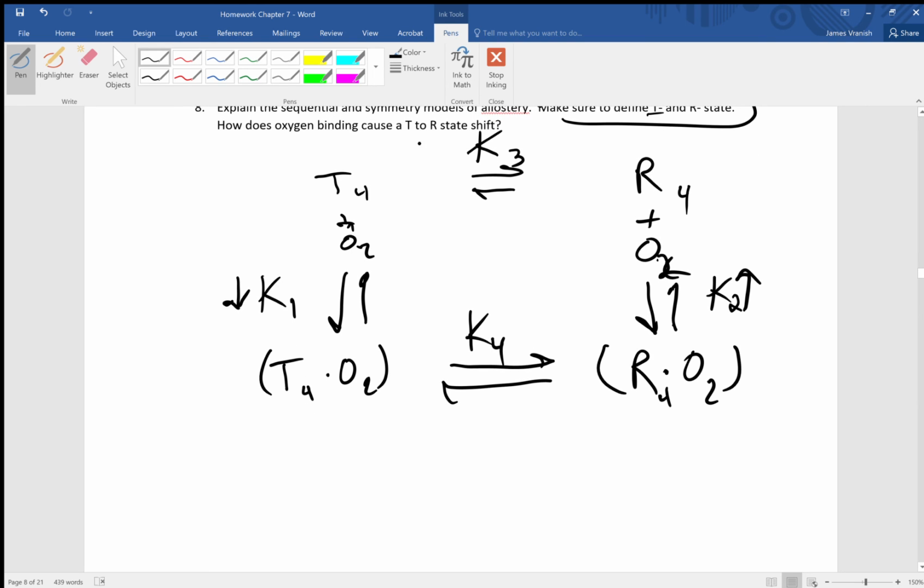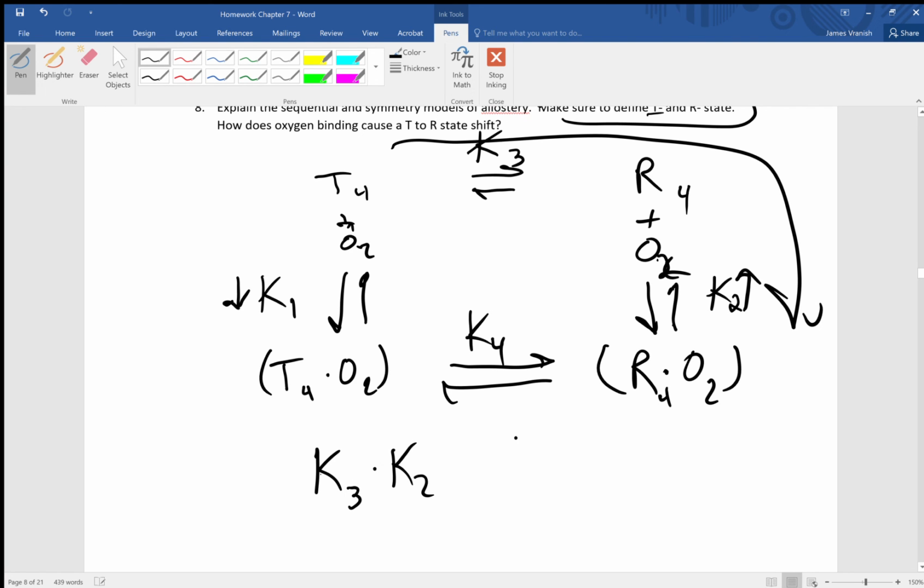Now, for the reaction going in this direction here, so the T state getting converted to the R state, then binding oxygen, the combined equilibrium constant for that, we take the individual equilibrium constants for each step and multiply them together. Right. Now, the equilibrium going in that direction should be the same as equilibrium going in this direction, because we're starting off in the exact same point with just pure T state, and we're ending up in the same point with R state subunits with oxygen bound.